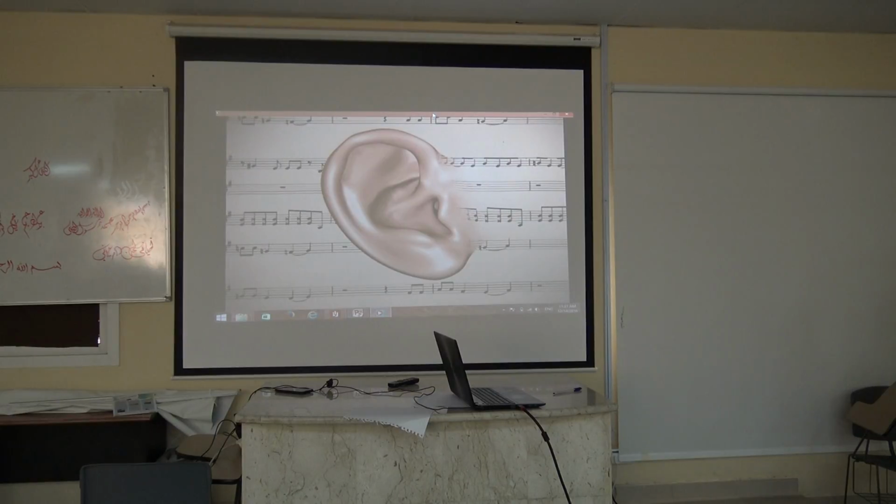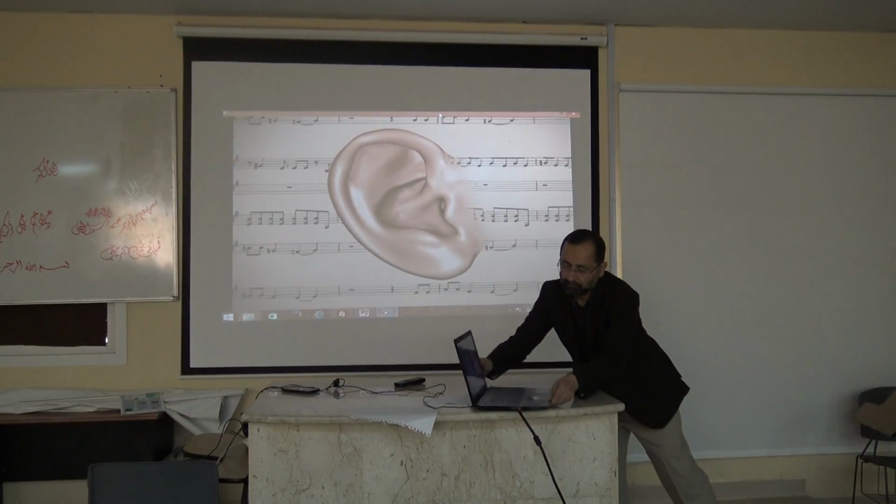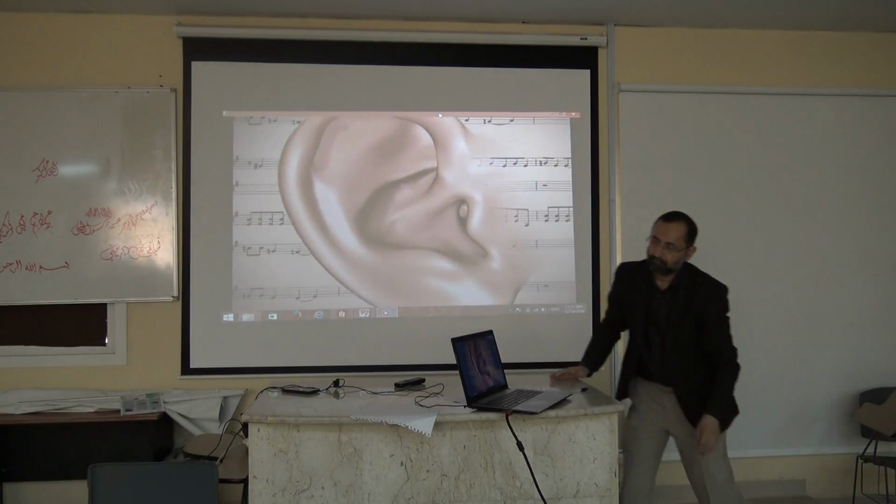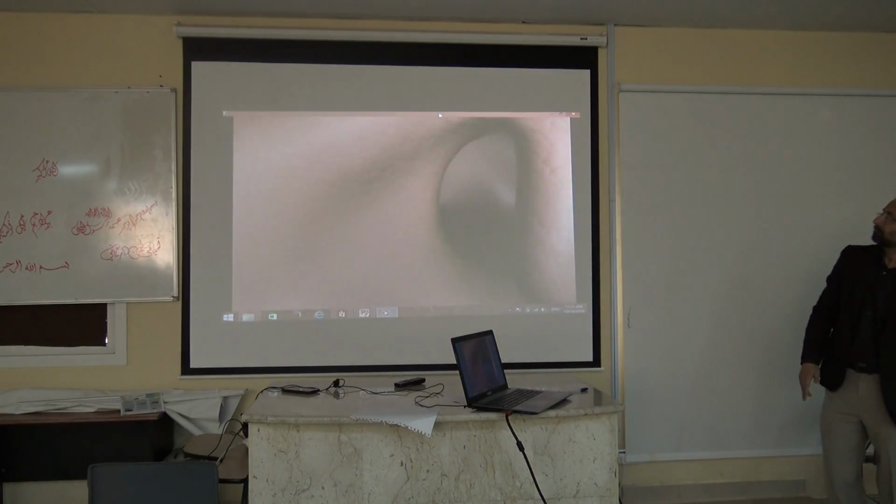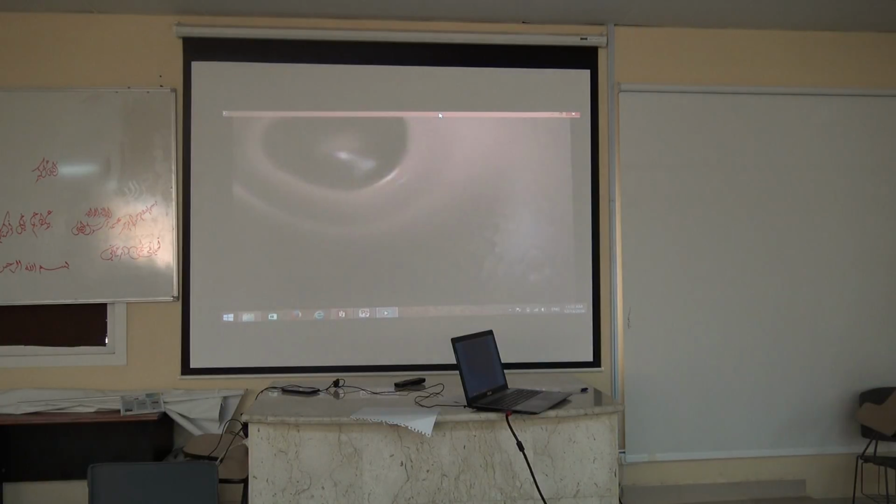The sense of hearing is accomplished by a process known as auditory transduction. The ear converts sound waves in the air into electrical impulses, which can be interpreted by the brain. As sound enters the ear, it passes through the external auditory canal, where it meets the tympanic membrane.